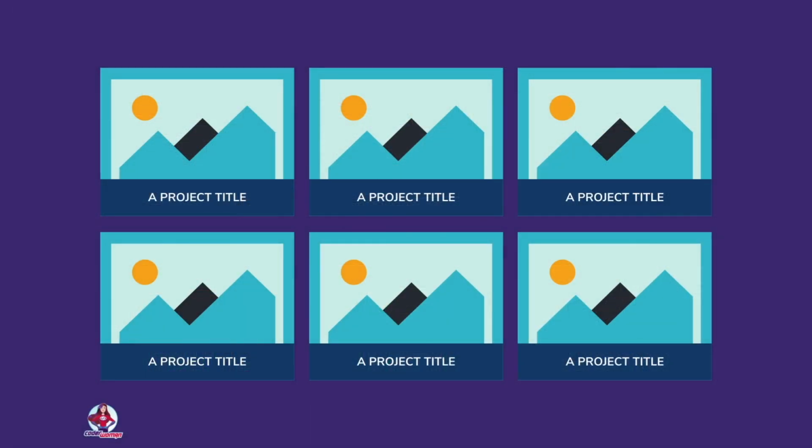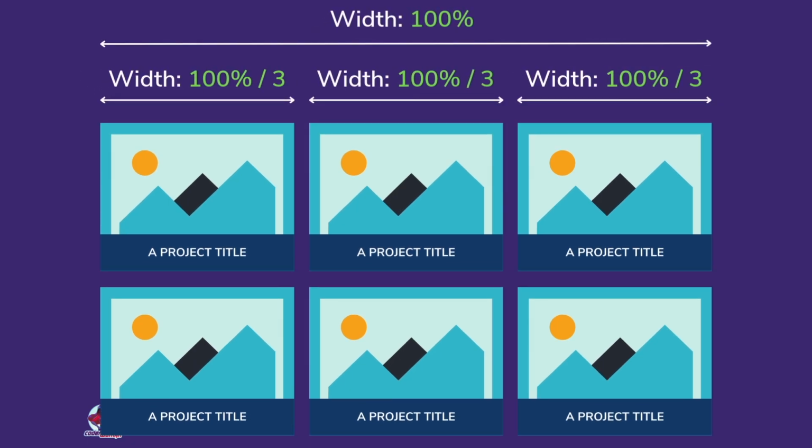Do you remember when I talked about our project cards? We wanted 2 lines of 3 cards each, right? Do you know how to do that? We will use a percentage value. But do you know how much? Let's use some math. If you want 3 cards in a row, the total width, which is 100%, should be divided by 3.